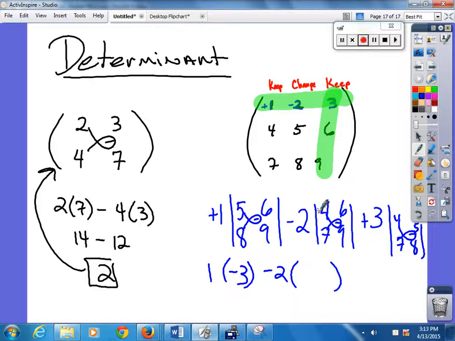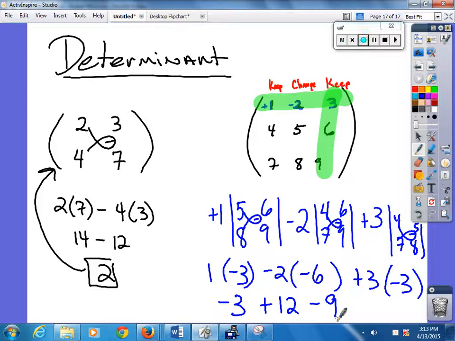Negative 6? Y'all check me. What's 4 times 8? 32. Minus 35 is negative 3. Y'all checking my math? Yes, Hubert. No, Hubert. We don't care, Hubert. We're trying, Hubert.